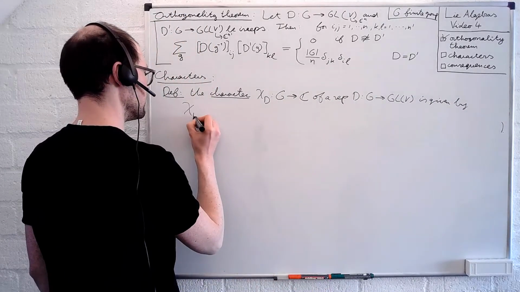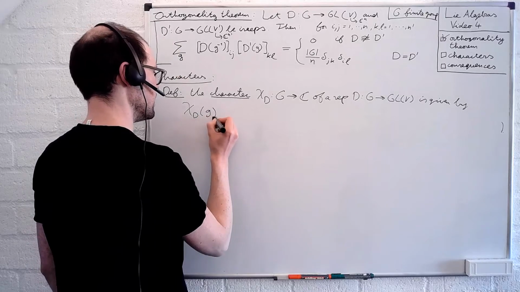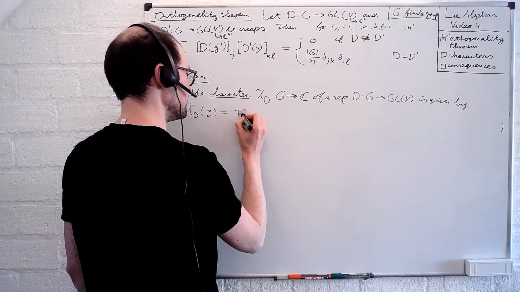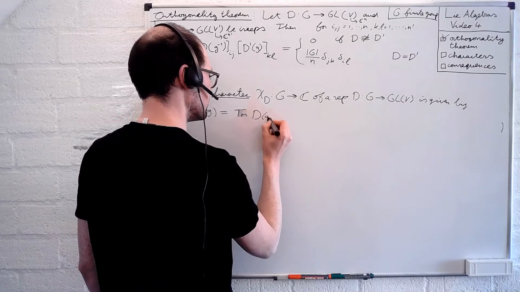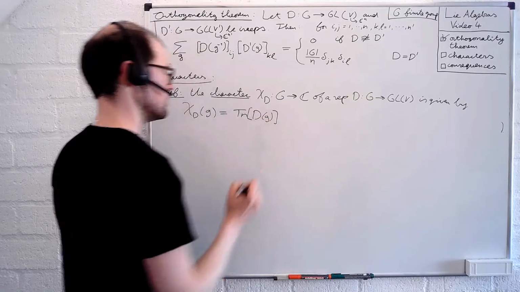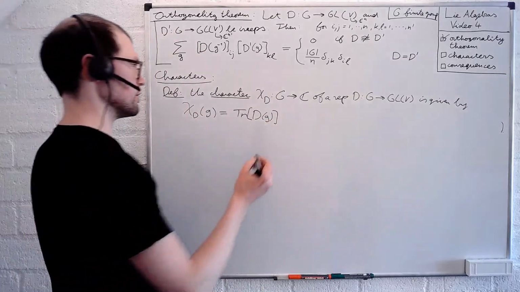So chi of D at the group element g is the trace of the matrix assigned to that group element.